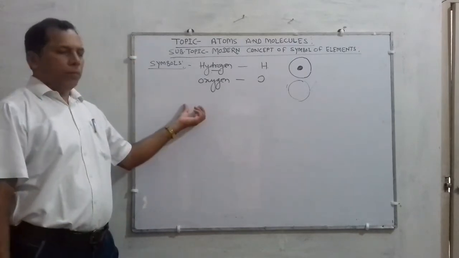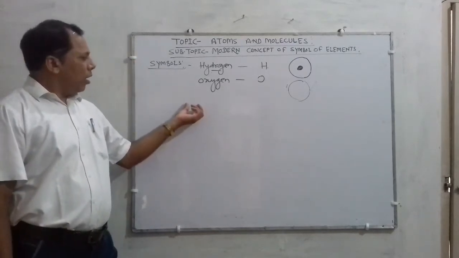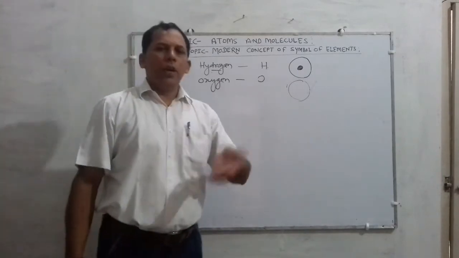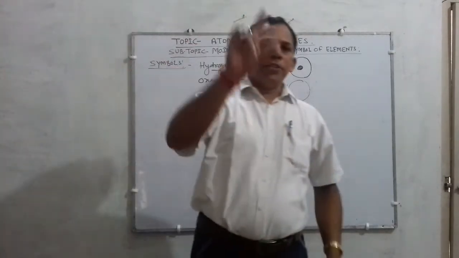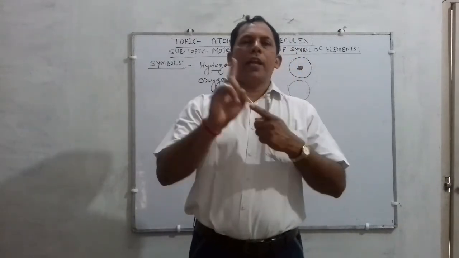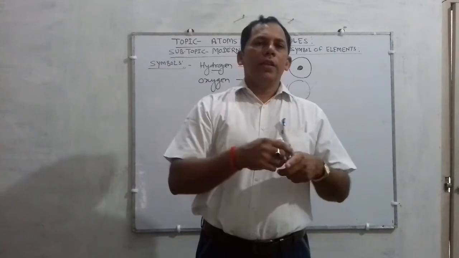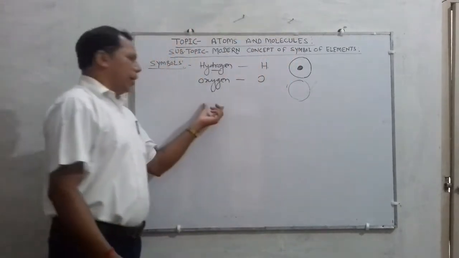In the two-letter system, the first letter should be written in a capital and the second letter should be written in a small letter. That is the meaning behind two letters.